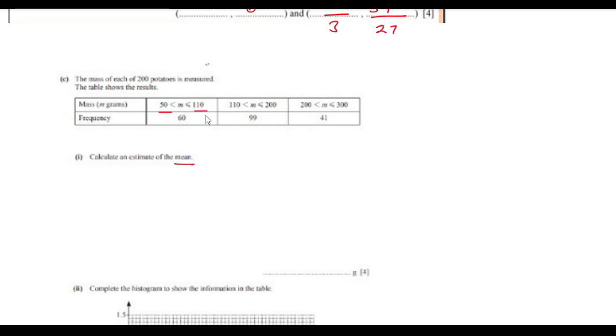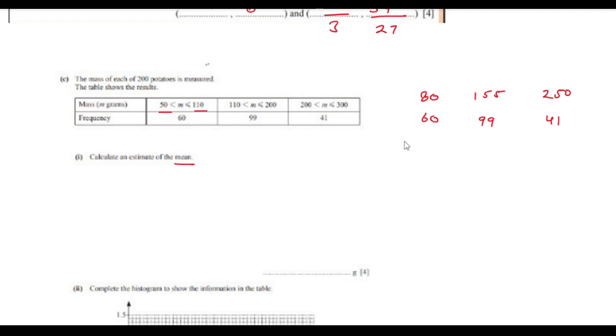Between 50 and 110, you find the midpoint: 50 plus 110 divided by 2 gives 80, and the frequency is 60. 200 plus 110 divided by 2 is 155, and for 155 the frequency is 99. 300 plus 200 divided by 2 is 250, and the frequency is 41.